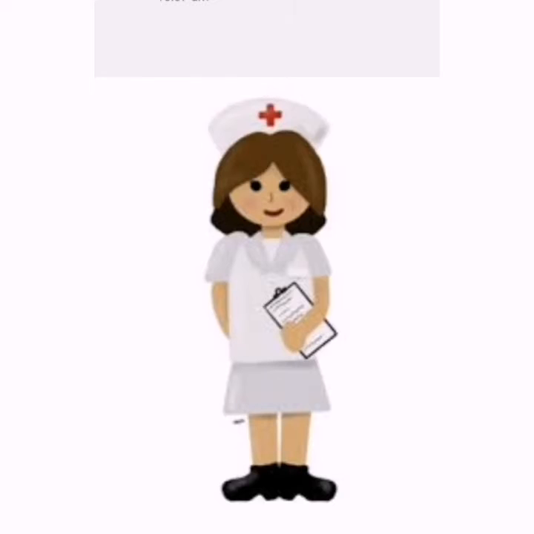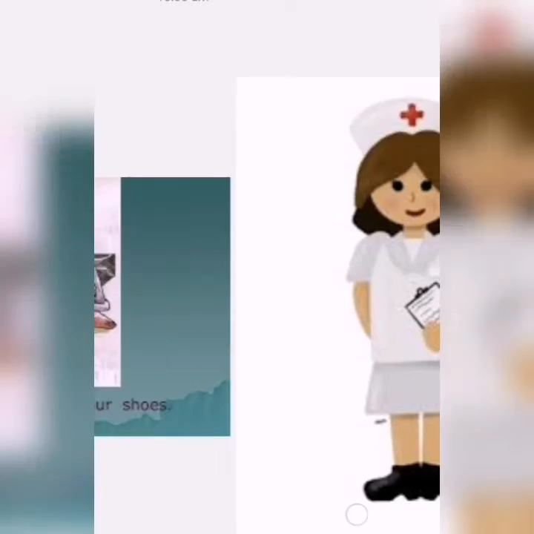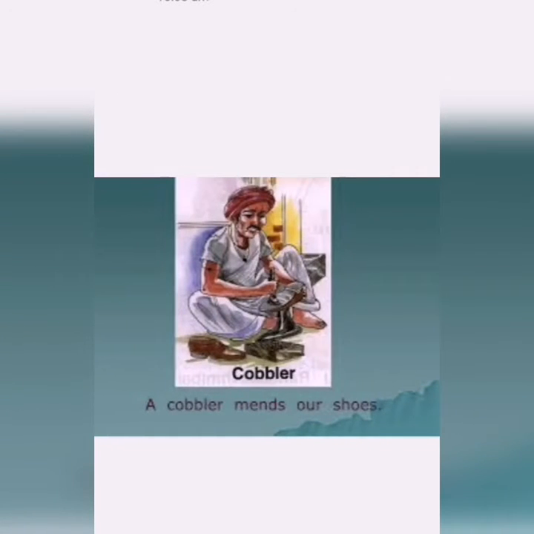A nurse. Nurse takes care of the patient. She gives us medicine on time. She gives us food. जब आप हॉस्पिटल में होते हो तो हमारी केयरिंग कौन करता है? Nurse.